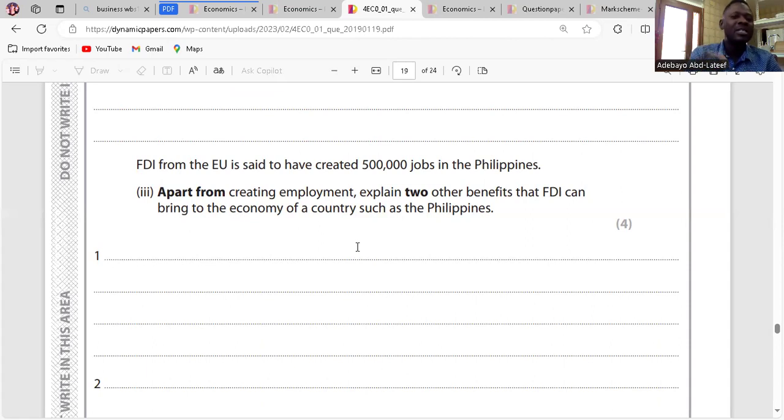So now, aside from creating jobs, what other benefits will FDI bring into an economy? I wrote one, infrastructure. How does FDI improve infrastructure in an economy?